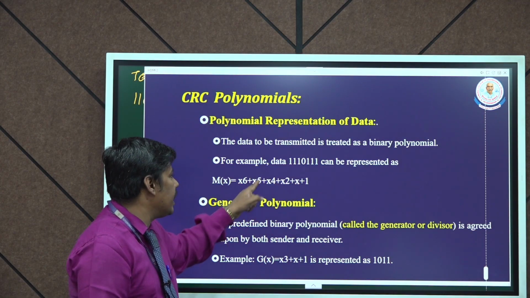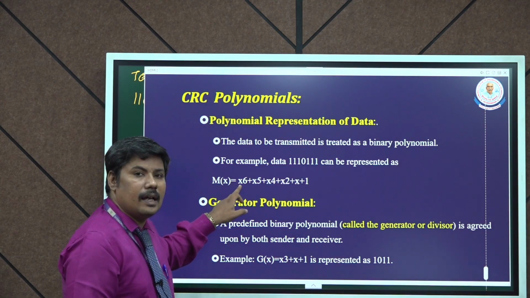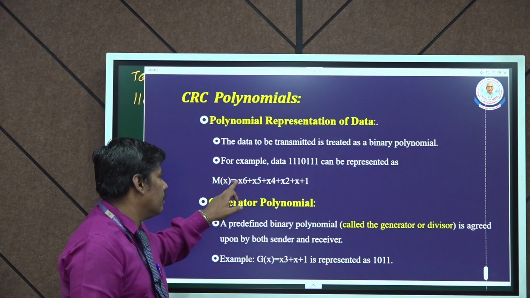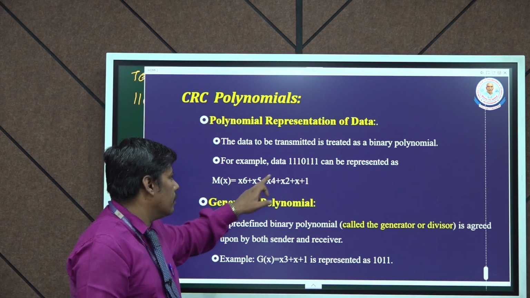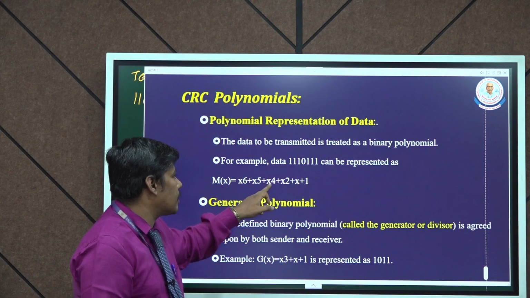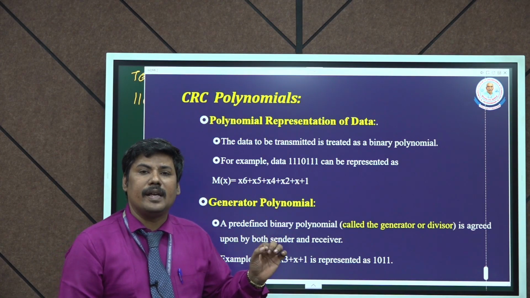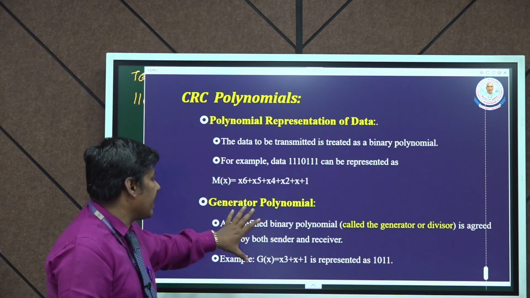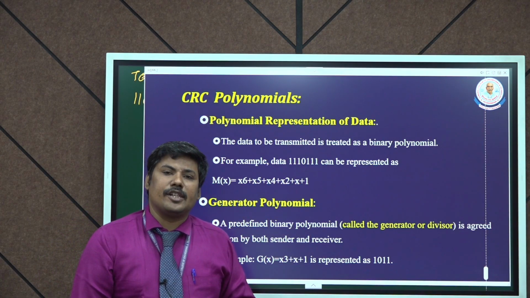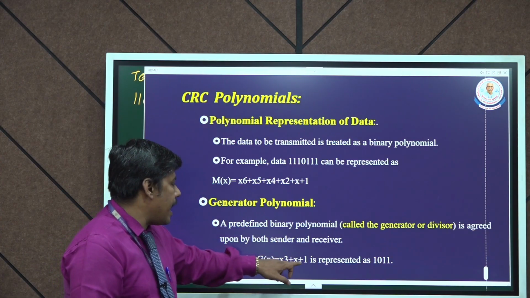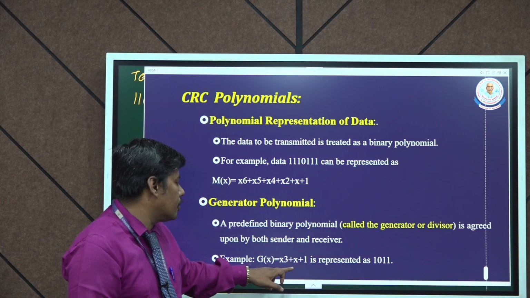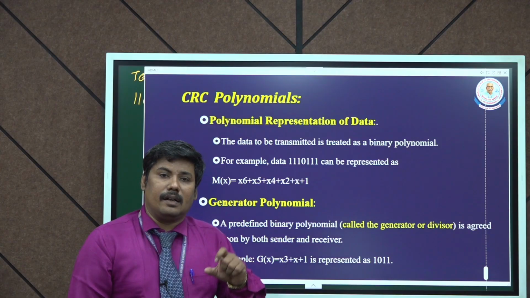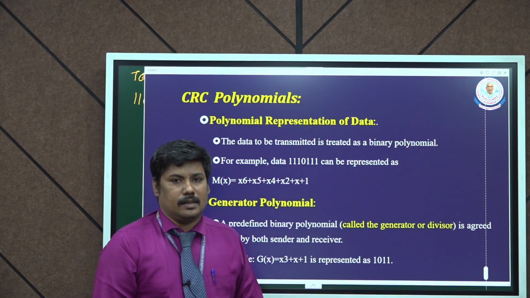In this problem, x power 6 has coefficient 1, x power 5 has coefficient 1, x power 4 is 1, and x cubed is not found, so here 0 is present. Then the generator polynomial, otherwise denoted as the divisor, follows the same process: the polynomial representation is converted into binary.